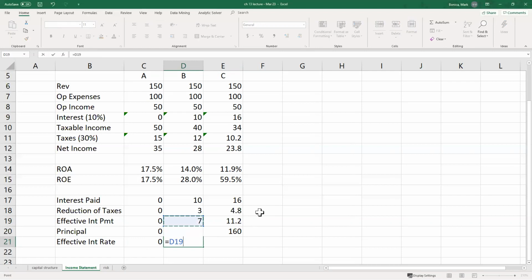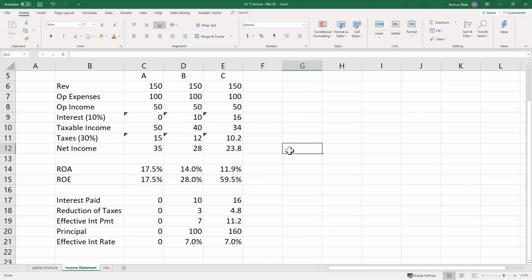It is going to be the effective interest payment divided by the principal, or 7. And in this case, it is the effective interest payment divided by the principal, or, oh, hey, 7. How about that? And we can make those percentages to look pretty.